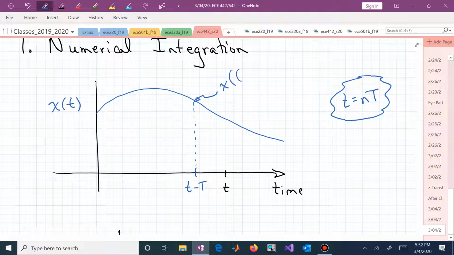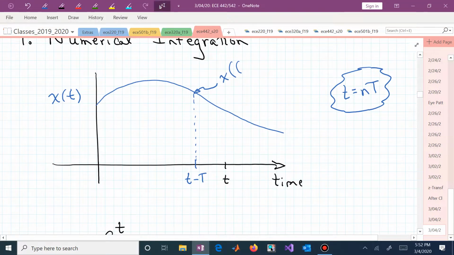If we now are looking at time t minus capital T, what does that correspond to?